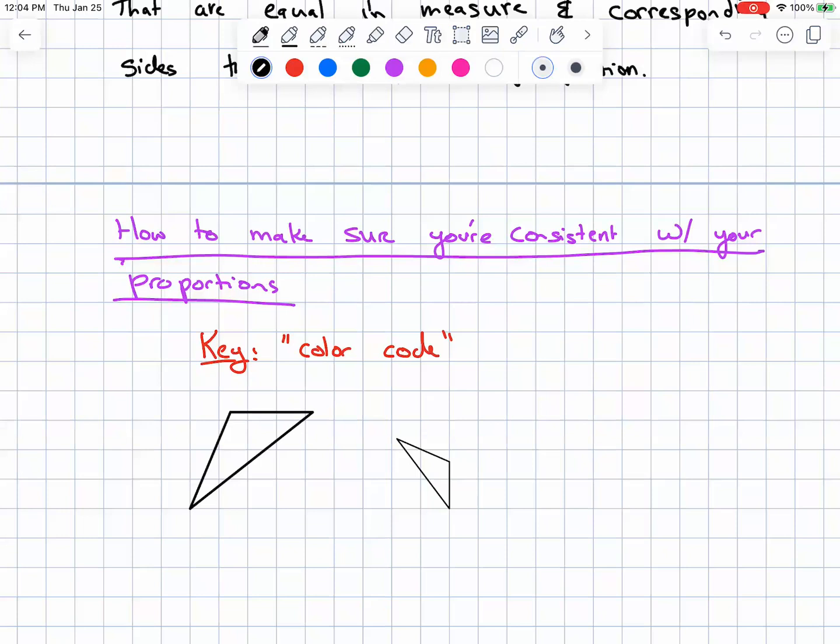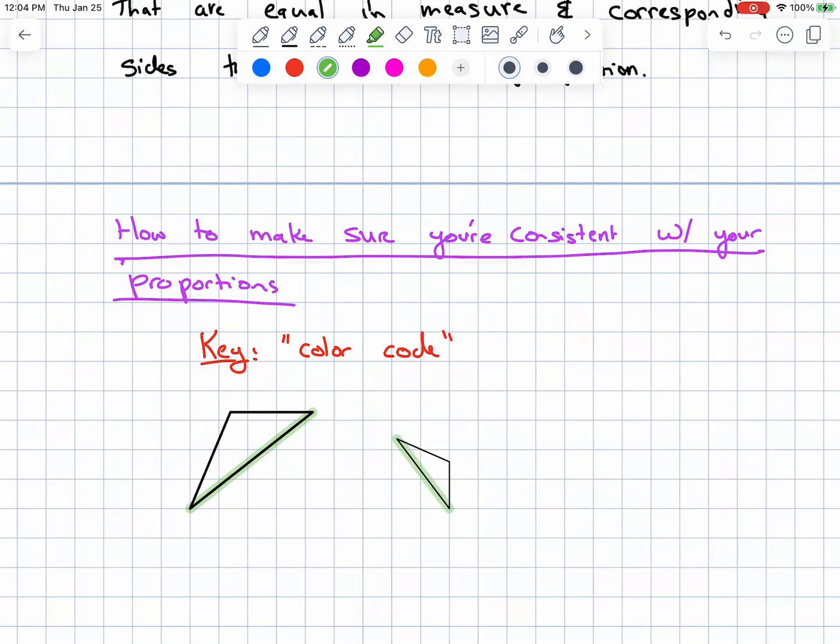What I do is look for the largest side length, then the smallest side length, and then the last one. So the largest side length is this one. I'm going to highlight that in green. And then I'm going to find the corresponding longest side length on the smaller similar triangle, which ends up being this one.